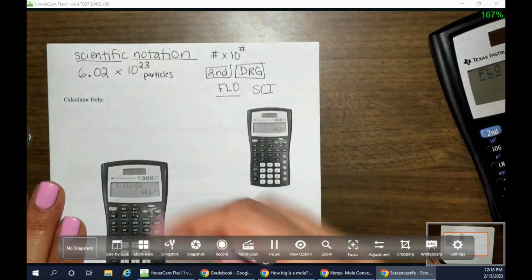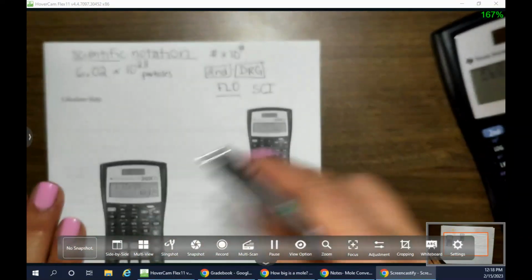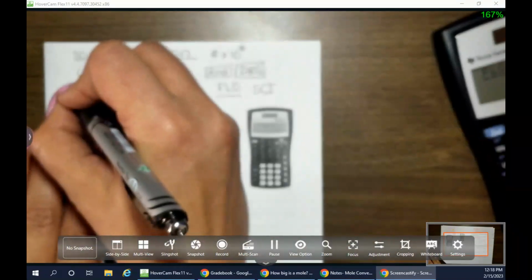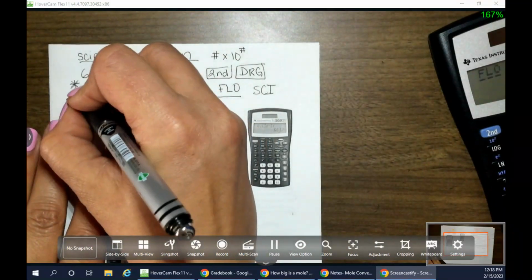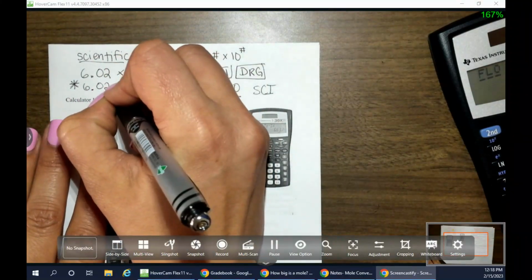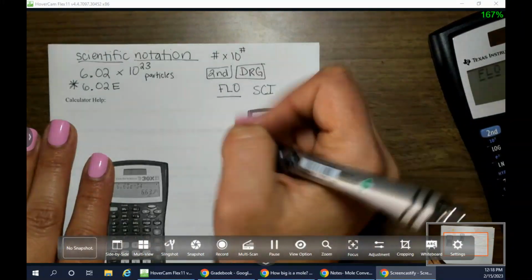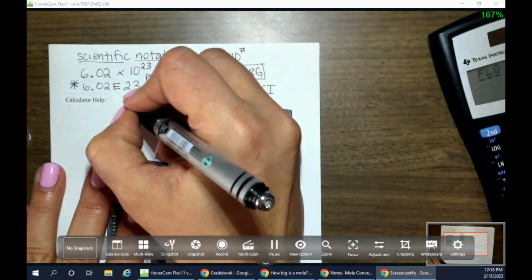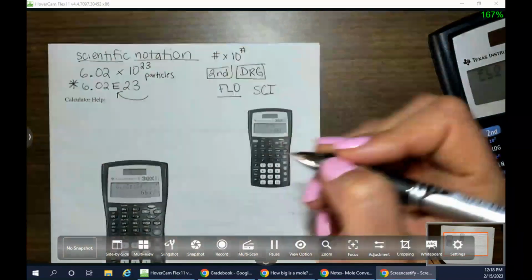When you type it into one of our calculators that you can use on the tests, this is what I recommend, and I really strongly encourage you to embrace the E. So it's going to be 6.02, and we're going to put a capital E in the center, and then we're going to go 23. Let's talk about that E to begin with.